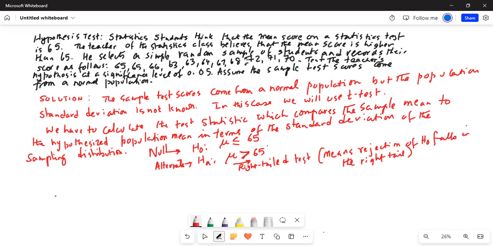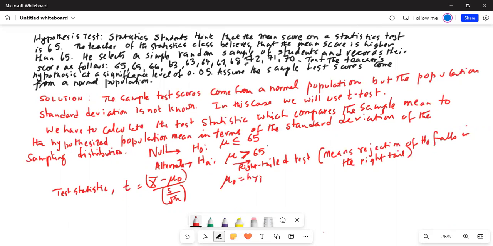So the test statistic is T, which compares the sample mean to the hypothesized population mean divided by the standard deviation of the sampling distribution, which is given by this whole thing. Okay, what is mu 0?